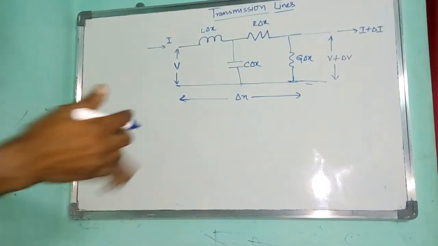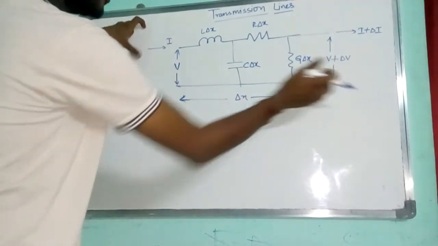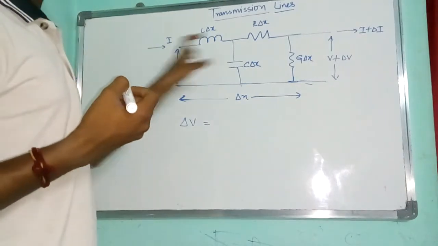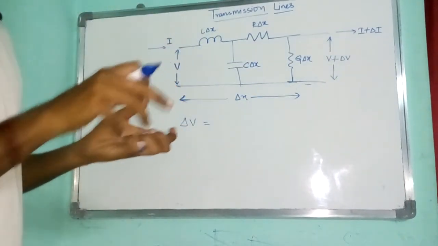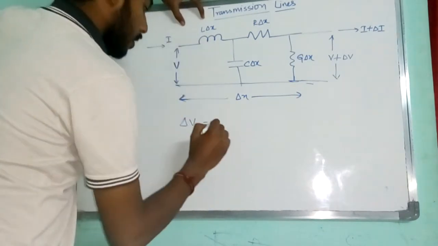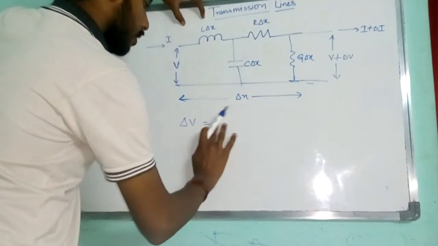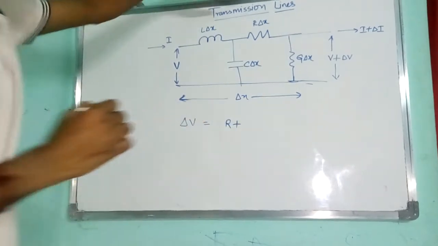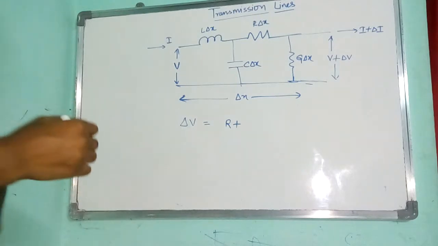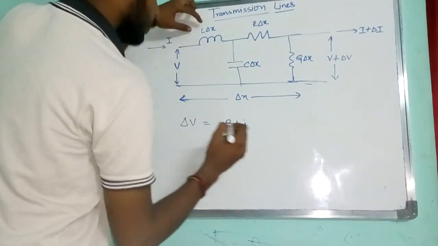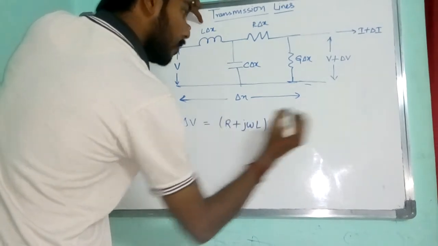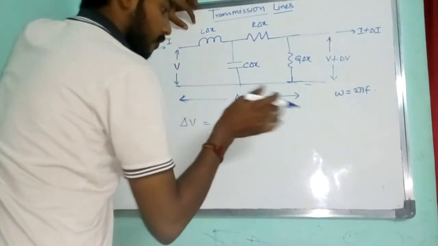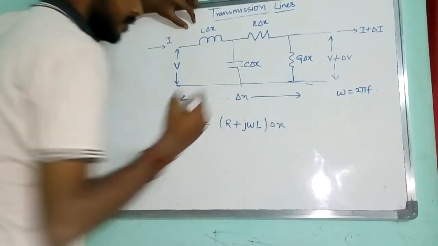Now we'll see what is the change in the voltage, delta V. That is R plus j omega L, where omega equal to 2 pi f, the frequency of the wave, into delta x.